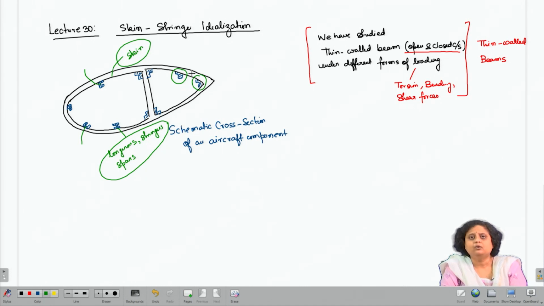So, now when you want to analyze the whole aircraft, we have to analyze this whole thing apart from analyzing the beam. So, we have to analyze the beam first and then we have to analyze this whole component. Now, we have seen in our earlier lecture that analyzing a beam is a tedious task. There are rigorous calculations that we have to do.